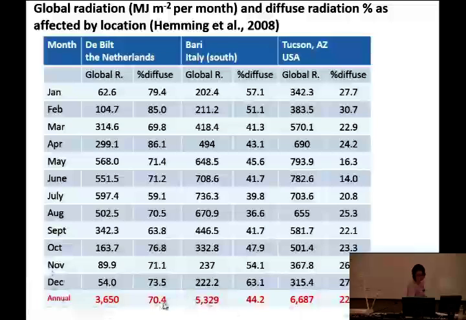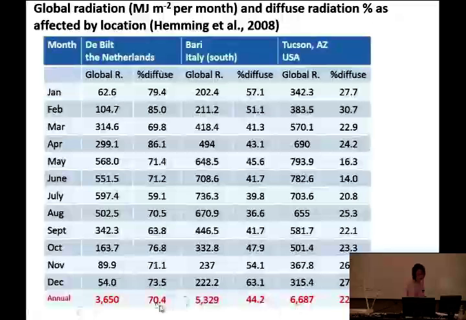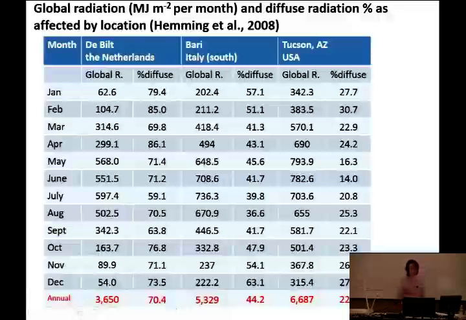Just focus on the diffuse percentage. The Netherlands has 70% diffuse, only 30% direct, and the study showed that changing that 30% of direct light to diffuse, so the total diffuse is maybe 80 to 90%, gave a 5% yield increase in cucumber. That's what many people are reporting from the Netherlands.